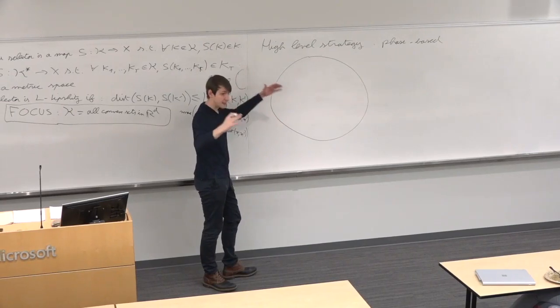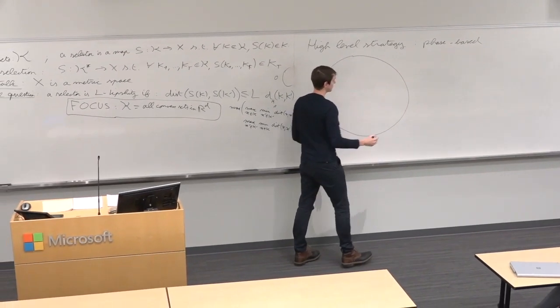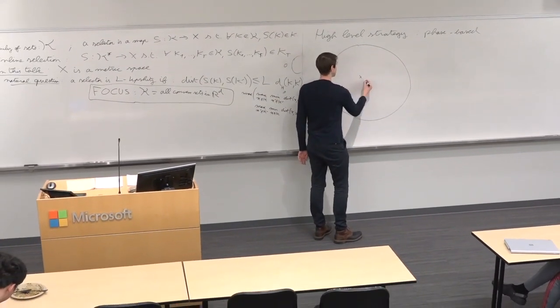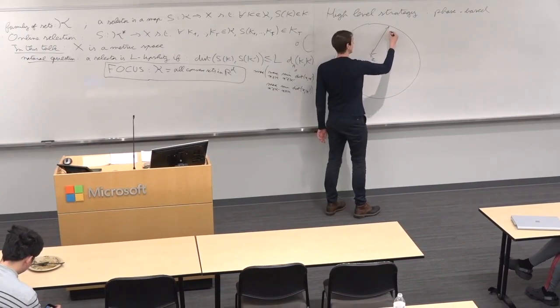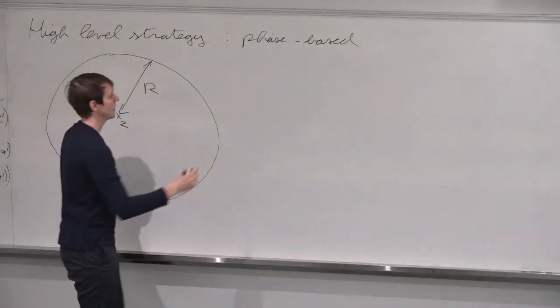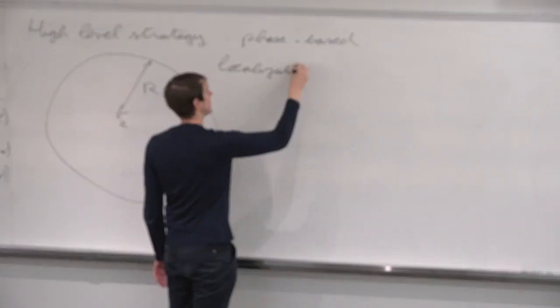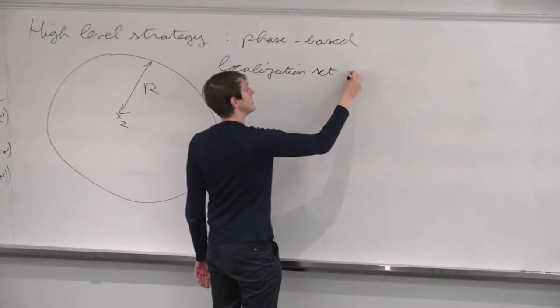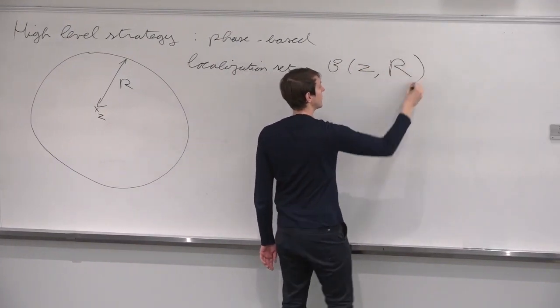We say that the theater for what's happening is right there. So this is some ball, centered somewhere. There is some center Z and some radius capital R. So the localization set is some ball centered at Z and of radius capital R.